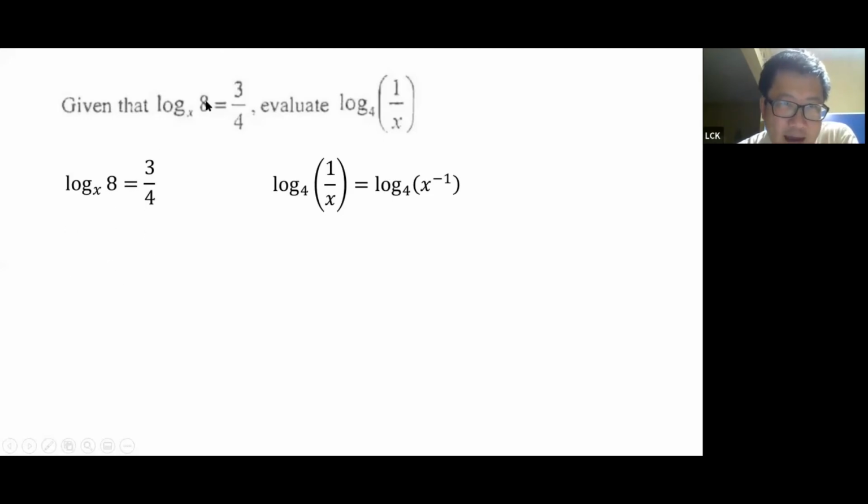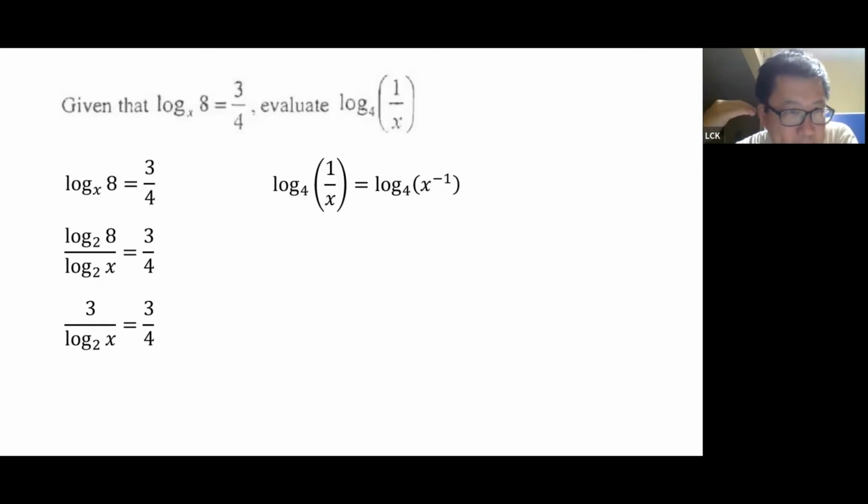So let's work through these things systematically. Because 8 is 2 to the power of 3 and 4 is 2 to the power of 2, I'm going to change this to log base 2. So that's log base 2 of 8 over log base 2 of x equals 3 over 4. I've just changed this to this. That's all I have done. Log base 2 of 8 is simply 3 because 8 is 2 to the power of 3.